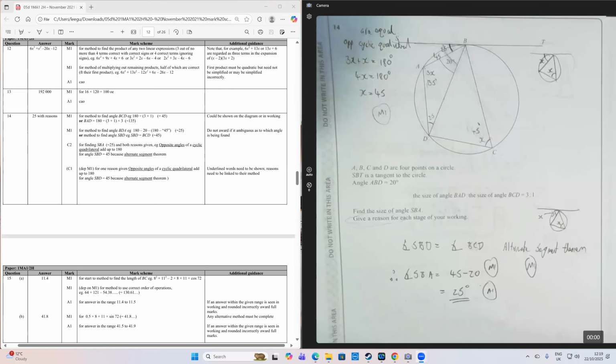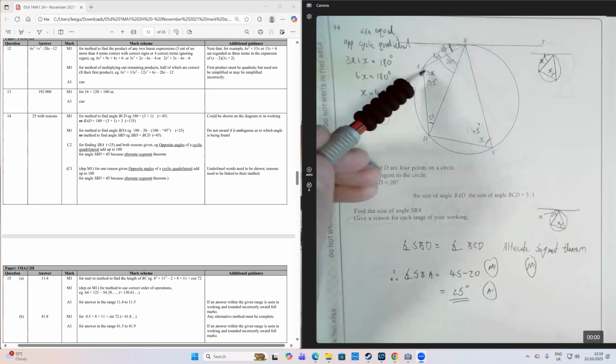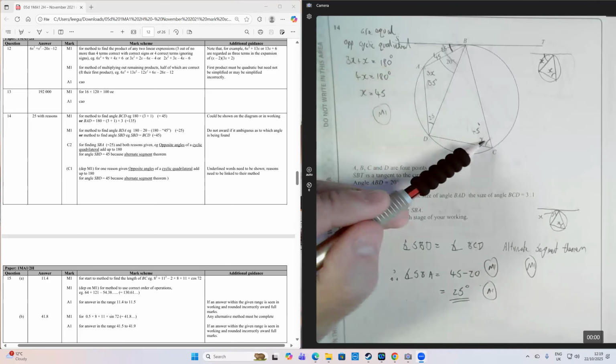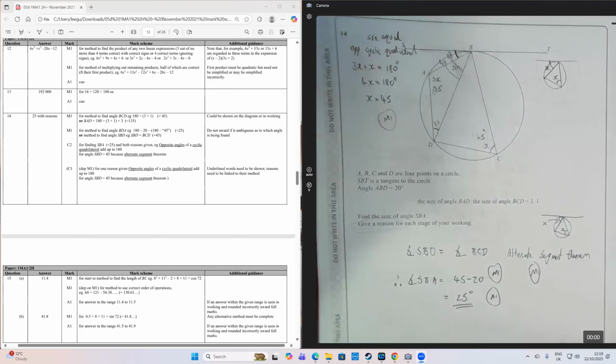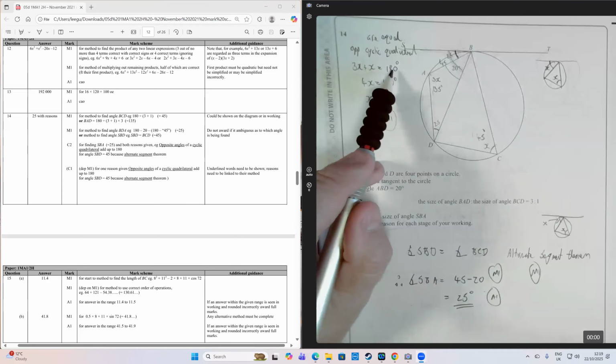Let's think about this. We do know that the opposite angles of a cyclic quadrilateral have to add up to make 180 degrees. Okay, so we know that 3x add x, this one and this one add together to make 180. So we've got here that 3x add x equals 180.